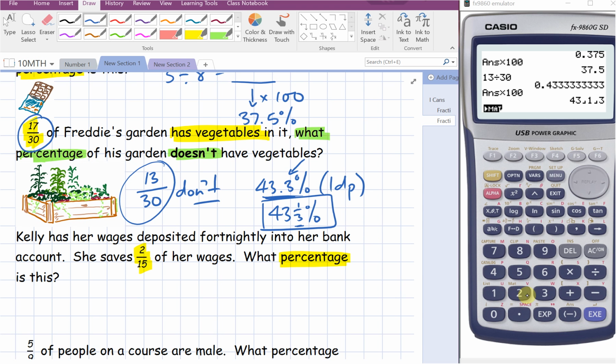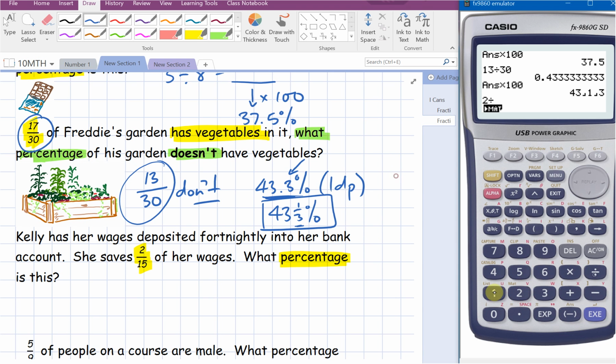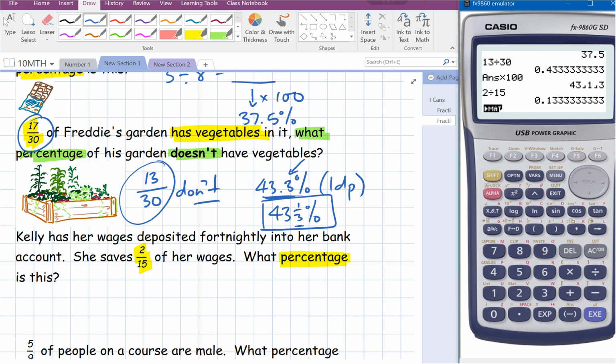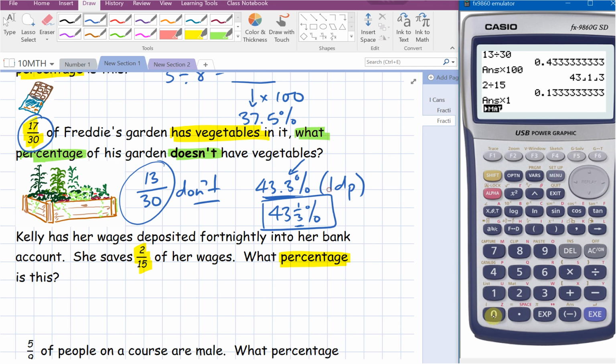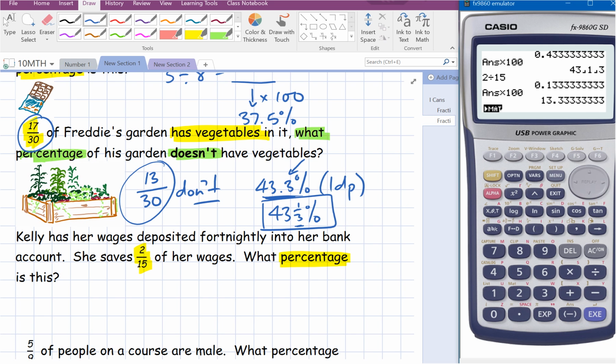So straight to the calculator, 2 divided by 15 equals, multiply that by 100 equals, we get 13.333%, which from the previous question we know would be 13 1/3%. So on the calculator, if you select Shift and then the FD button, it will change it to a mixed number. So that would be 13 1/3%.